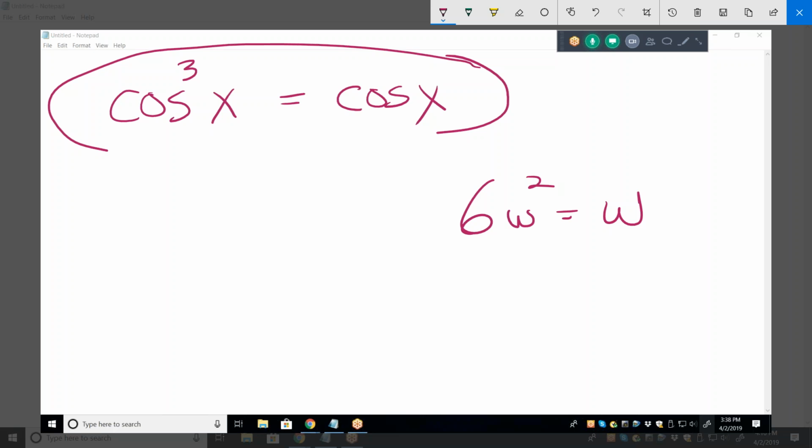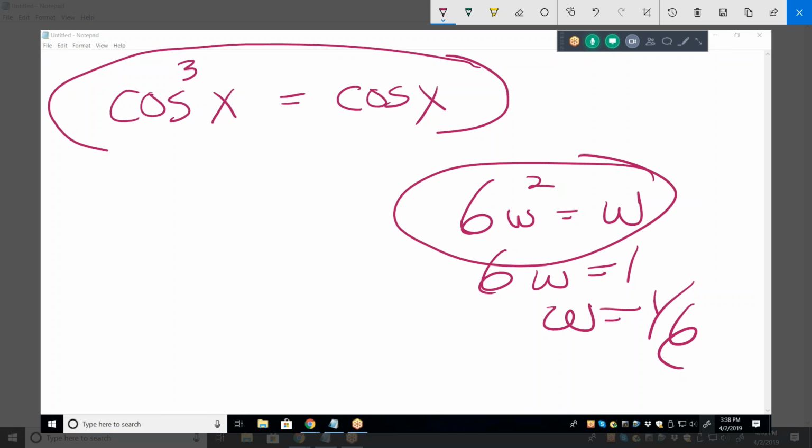But if I make the mistake of dividing both sides by w, I get this. And now I've only got one solution. The 0 solution disappeared. And yet clearly by looking at it, you can tell the 0 solution should have come in. We should have done it like this, like you did it.